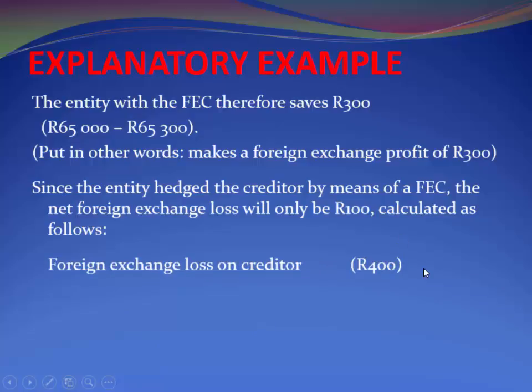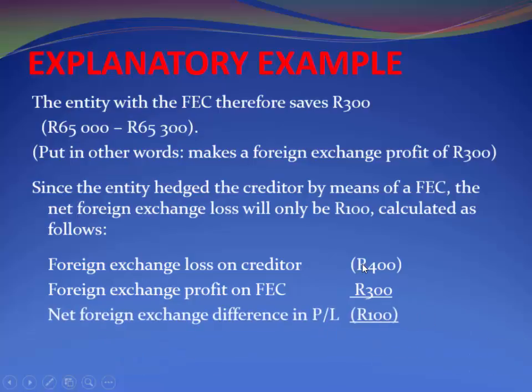The first calculation is to calculate the exchange loss that the creditor made, and then the second calculation, we're actually calculating what happened with the FEC. And on the FEC side, we made a profit of 300 rands. So therefore, the net difference is what will be stated in our books of 100 rands, and this will be the net amount in the profit or loss.